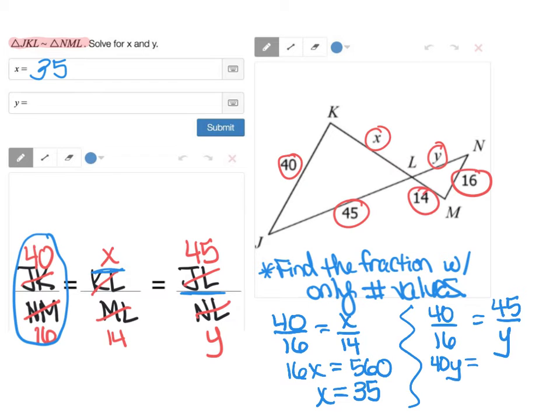So I have 40y equals, let me do some quick math, 45 times 16 is 720. So then y is 18, I believe. I think 18. Sorry if these are wrong. I'm literally doing some mental math here.